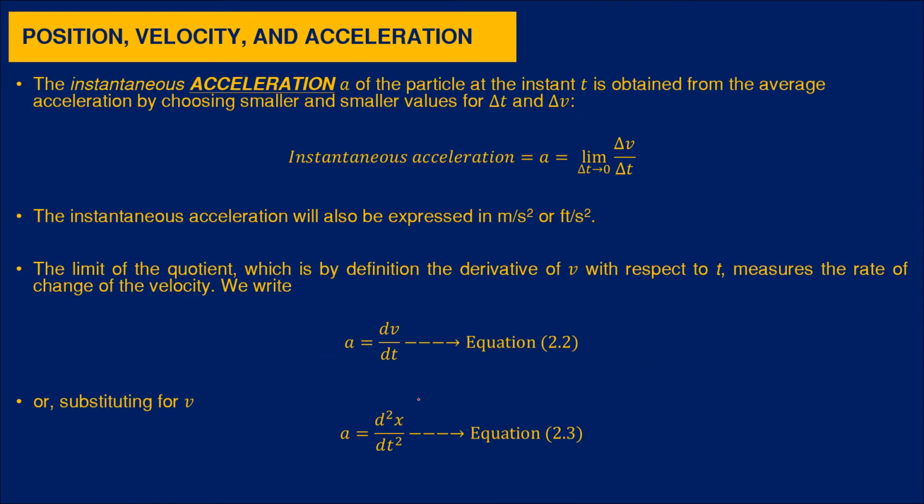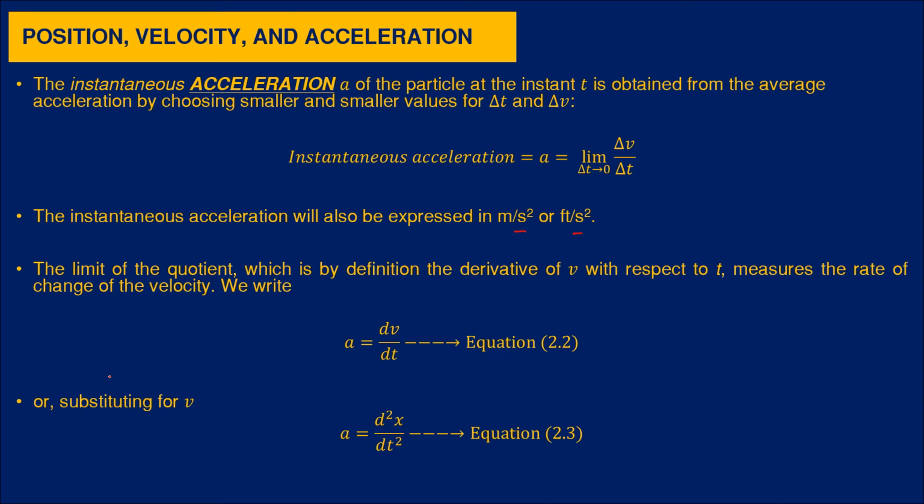Okay, so the instantaneous acceleration a of the particle at the instant of time is obtained from the average acceleration by choosing smaller and smaller values for delta t and delta v. It's the same as with average velocity and instantaneous velocity, right? So the instantaneous acceleration will also be expressed in meter per second squared and feet per second squared.